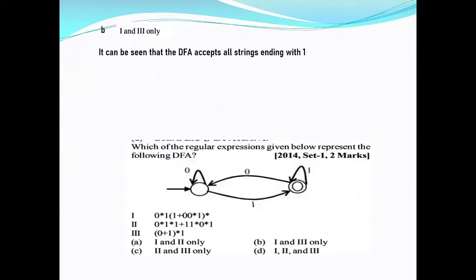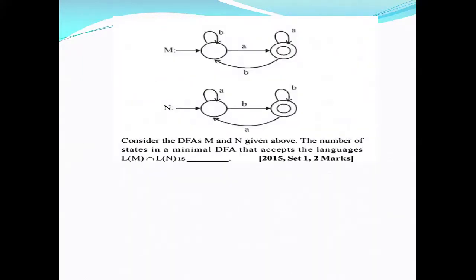Next, we have two DFAs, M and N. The number of states in a minimal DFA that accepts the language L of M intersection L of N. Look at this.